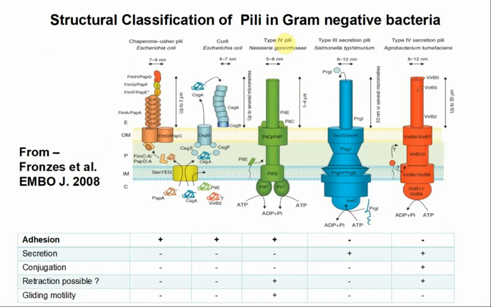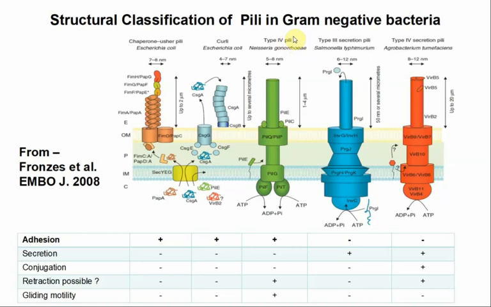Then later on, through molecular biology, when people started to understand more about the structures of these different types of pili and how they were produced, it was realized that groups 3 and 4 classifications make sense, but the previous classification, type 1 and 2, didn't really make any sense. So type 3 exists, type 4 exists, type 1 and 2 don't exist.